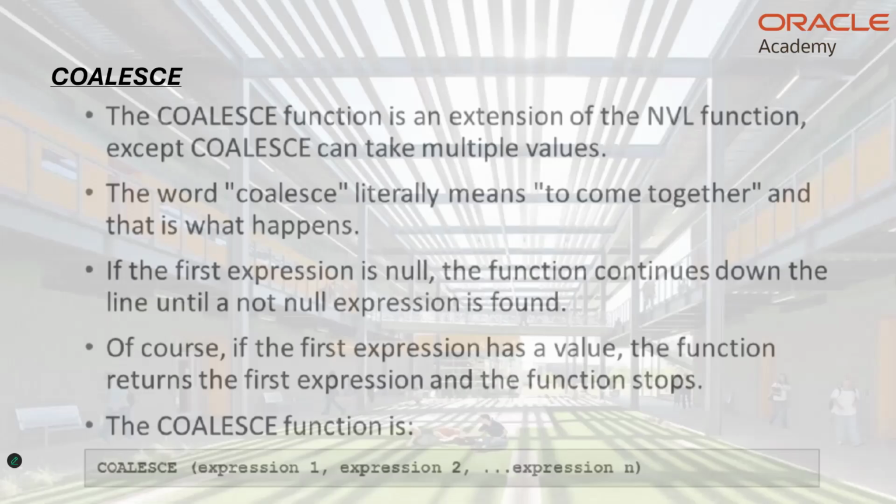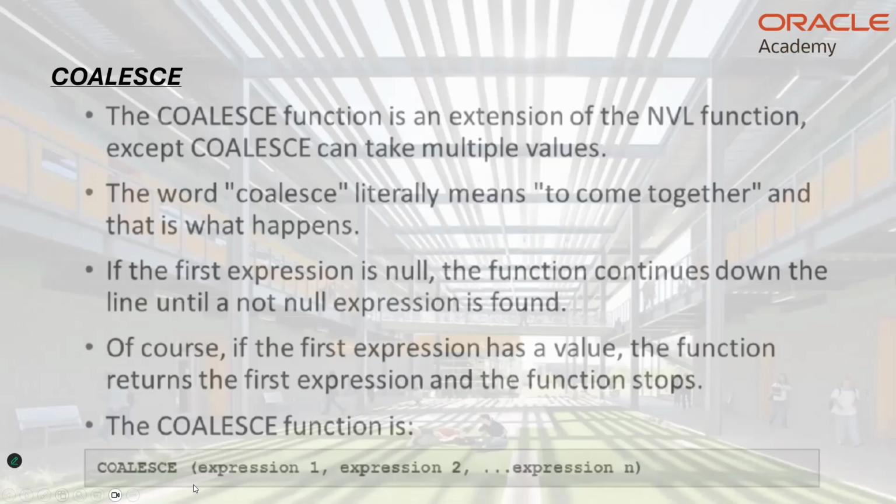This is what happens. If the first expression is null, the function continues down the line until a not null expression is found. Of course, if the first expression has a value, the function returns the first expression, and then the function stops. Done. So basically, it's looking to see where the nulls are.